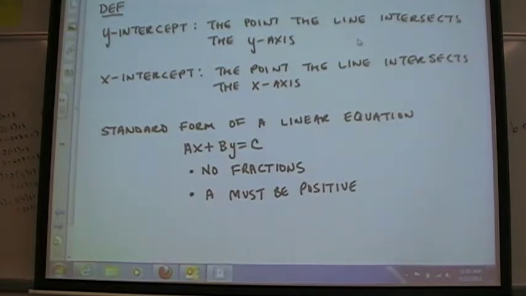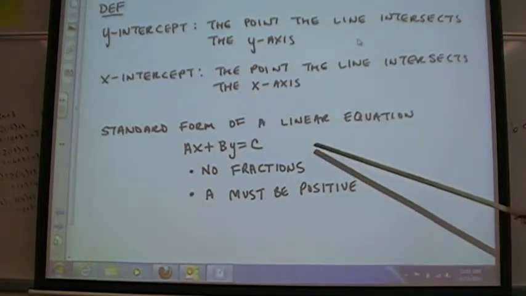Standard form of a linear equation: capital AX plus capital BY equals capital C. AX plus BY equals C. And 2 things that we need to remember when we get things in standard form is you can't have fractions, and A must be positive. Has everybody seen standard form? Well, you should have.